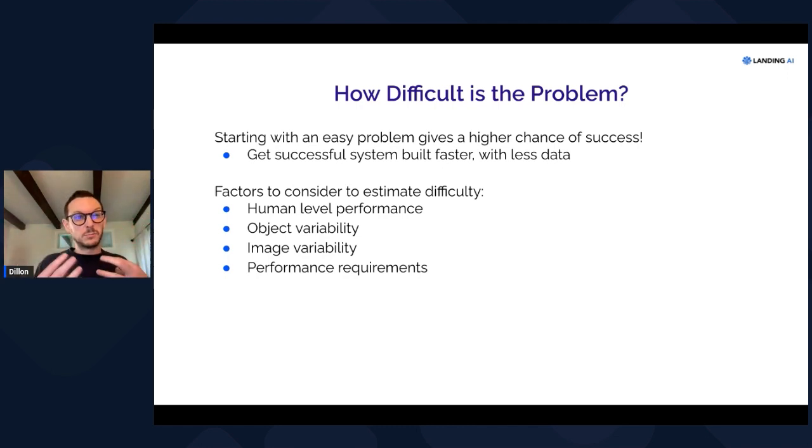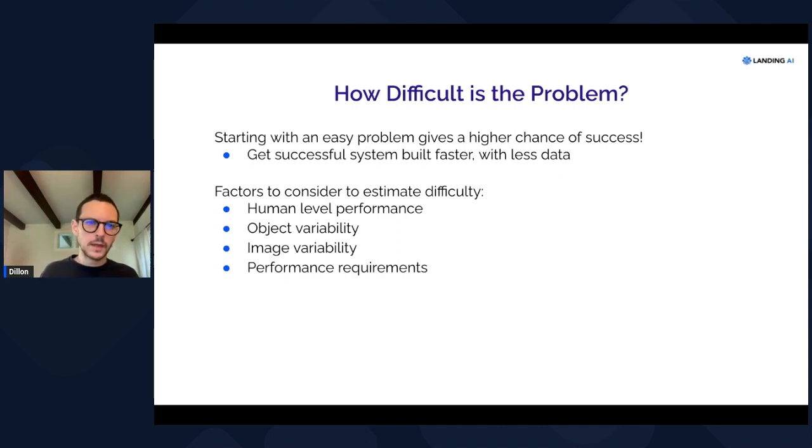Maybe it's a subset of the problem, maybe it's another easier problem, and try to get a quick win early on, because it's very easy to accidentally pick a super hard problem and then the timelines get delayed and you're not showing progress for a long time. Machine learning problems can get very, very difficult, especially if you have some of these issues we're talking about, like data collection.